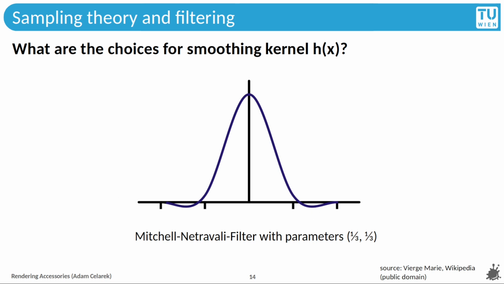This sharpens the result somewhat, but it can cause artifacts called ringing, which depends on the parameters. The Mitchell-Netravali filter is considered the best by some, and I think it's a bonus task in one of the assignments. Anyway, we will not go into further details. In my opinion, the differences between the Gaussian and the Mitchell-Netravali filters are minute, so it doesn't matter that much.